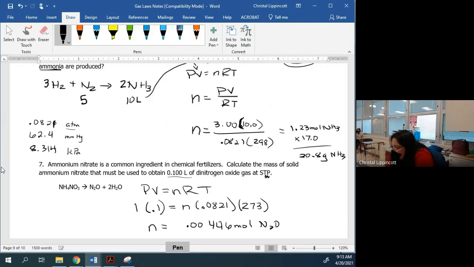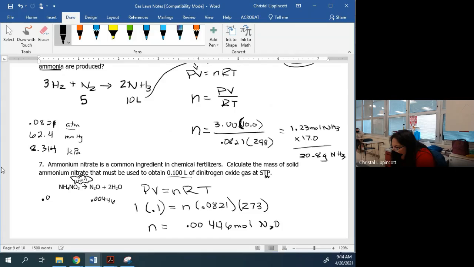Now, my stoichiometry tells me that 0.00446 moles of this guy would mean that I would have started with how many moles of this? That means that I multiplied by 1.